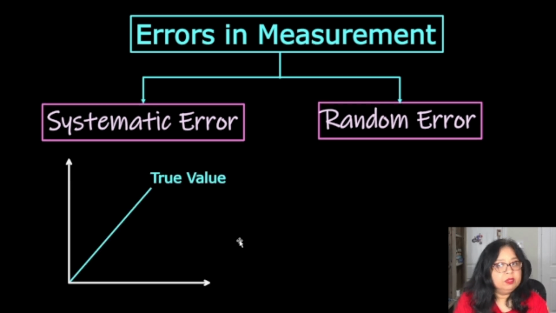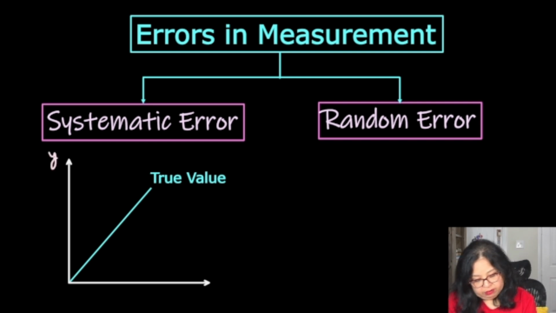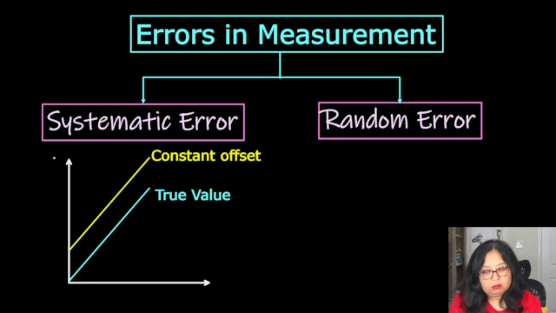Another look at the difference between systematic and random errors. Let's say you have this y-axis, x-axis, and you make some measurements for true values. All these measurements should lie on this straight line. But in your experiment, they lie over here on this yellow line, between the blue line and the true value.